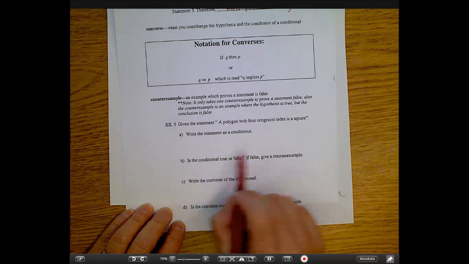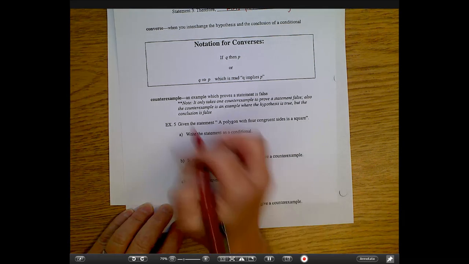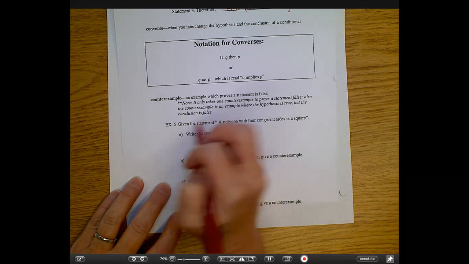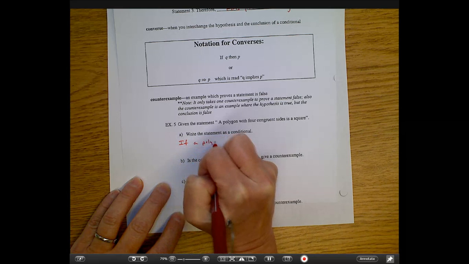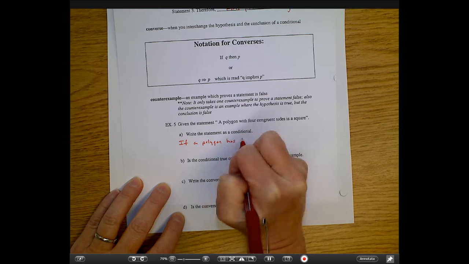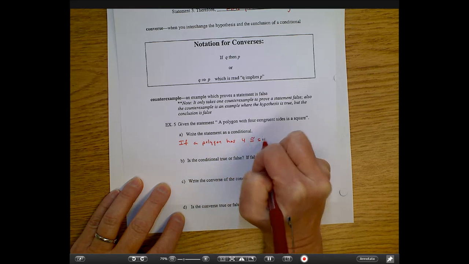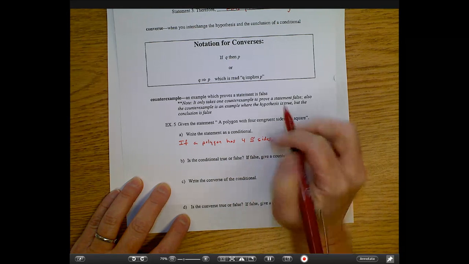Okay, so writing the statement as a conditional, you would say something like, if a polygon has four congruent sides, then it is a square.